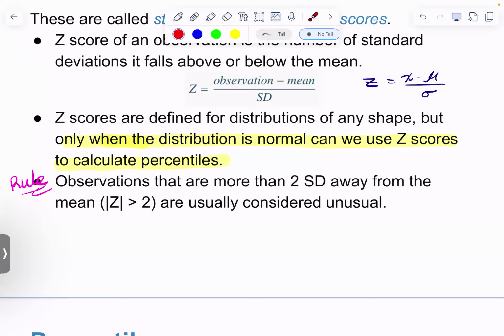And so that's when we start kind of reacting and saying, well, that's kind of a weird observation, okay? And so we use the absolute value. Do you guys remember the absolute value? Just drops the negative. Does a little bit more, but essentially for us, effectively, it just drops the negative if it's negative. And then if the Z itself is greater than 2, we consider it unusual, right?